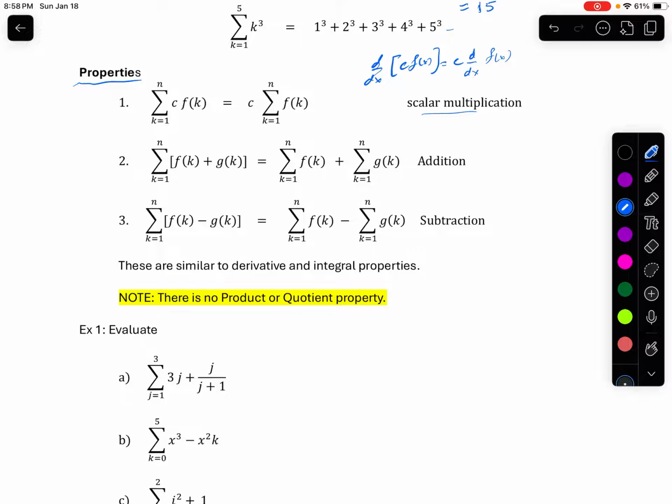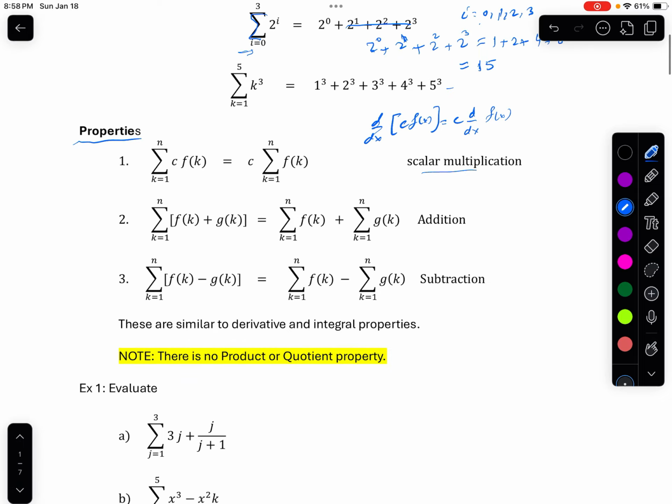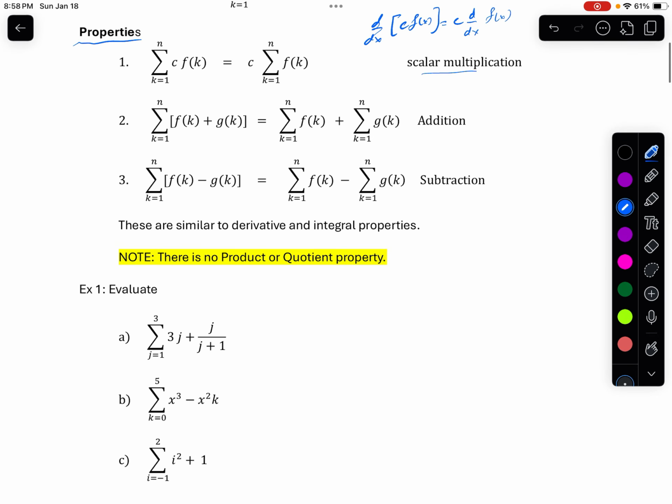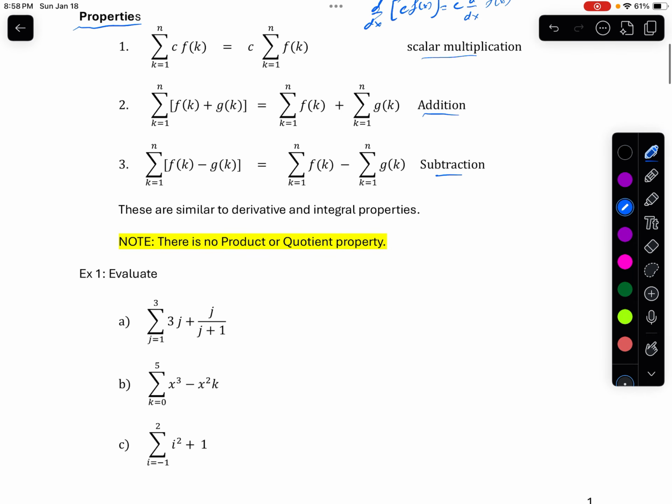If you are taking the derivative of a sum, it becomes the sum of the derivatives. In this case, we are taking the summation of the sum, so it becomes the sum of the summations. And the same happens with the negative sign or a difference. So this is addition, this is subtraction, or we can call this sum, this difference.